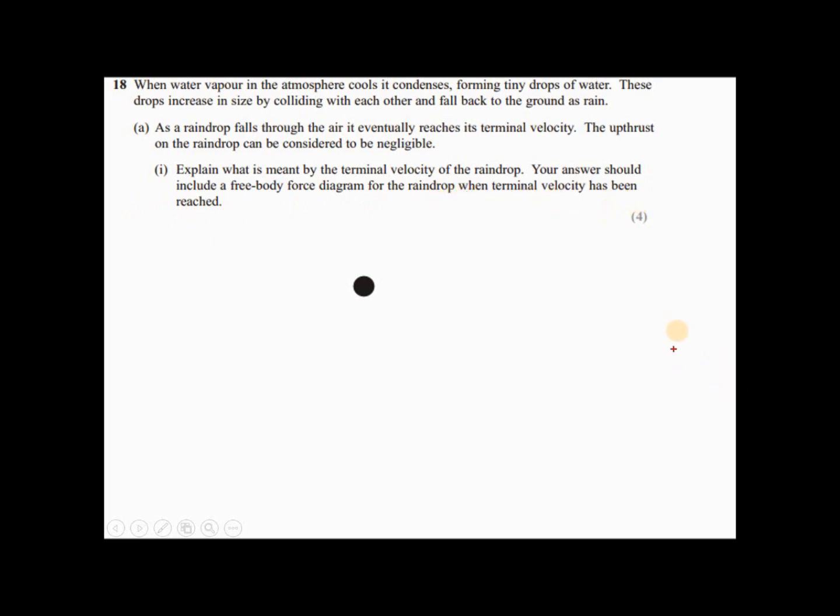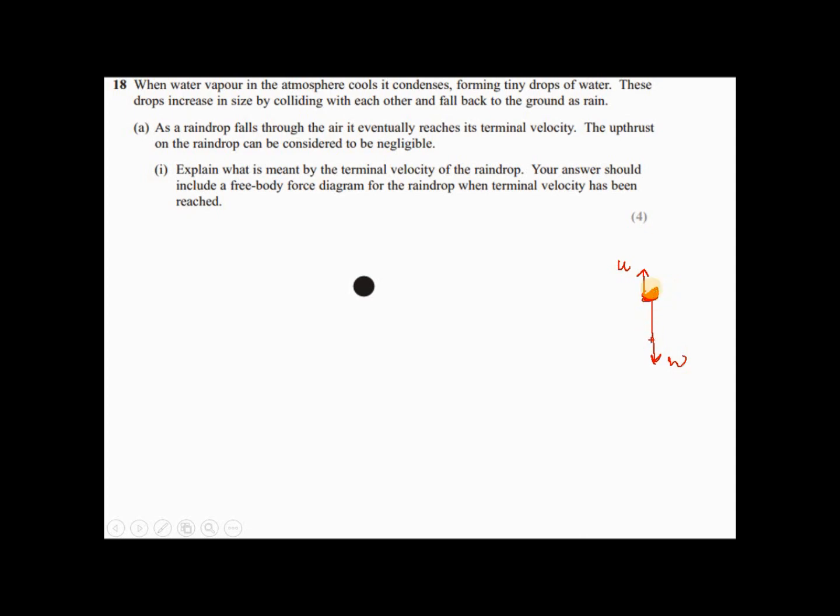In a general sense, whenever an object is falling through a fluid, the object experiences three forces. Number one is the weight acting down, the upthrust acting upward always, and the drag force depending on the direction of motion.